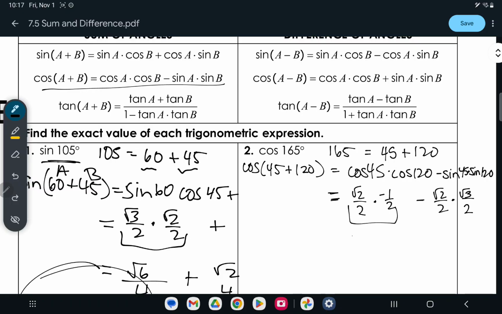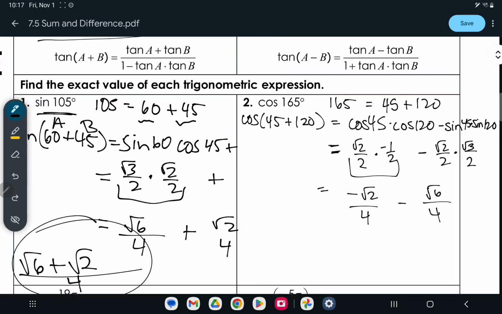So I will multiply these. So negative root 2 over 4 minus root 6 over 4. So we get negative root 2 minus root 6 all over 4. Okay.